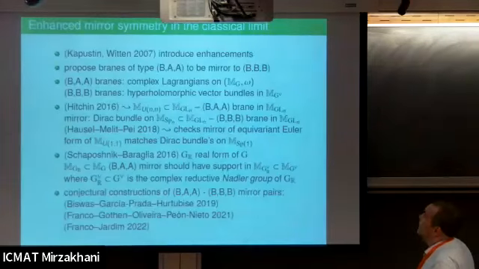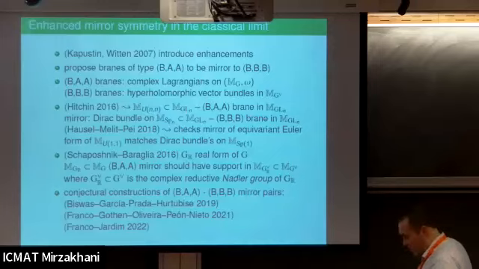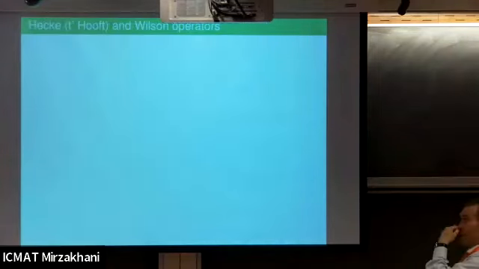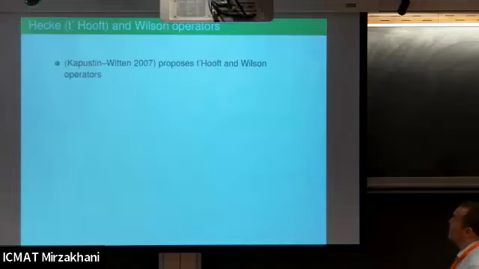Okay, so this was about one type of the enhancement, where we take into account the hyperkähler origin of our geometry. And then when we take into account the four-dimensional origin, that we reduce from 4 dimensions to 2 dimensions, then we have extra symmetry operators.